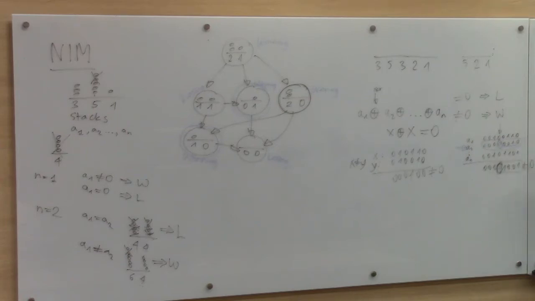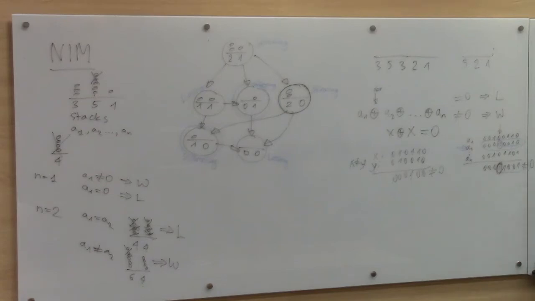What I'm saying is that this is a decrease of this number. So this represents a valid move in the game. We are just taking some specific number of coins from this stack, and this gives us the move which goes to the XOR which is 0. So it goes to the losing position for the opponent.